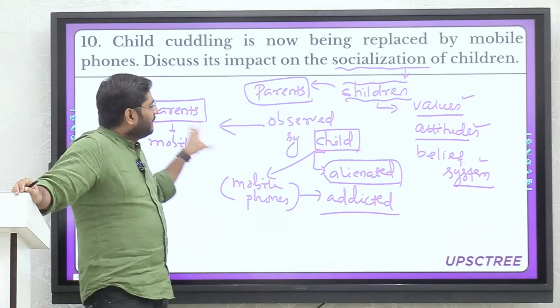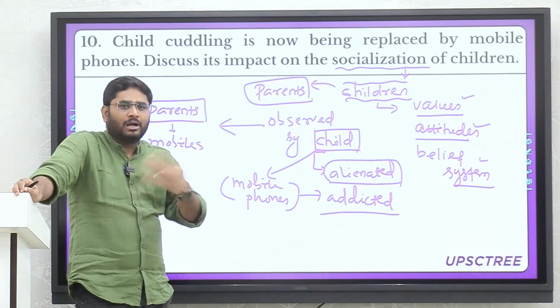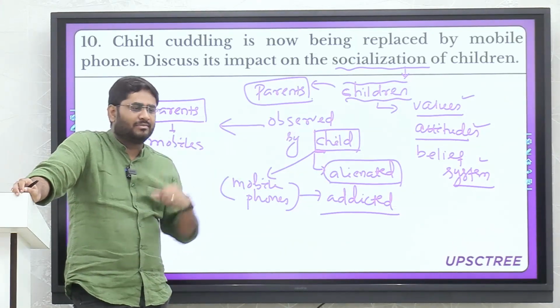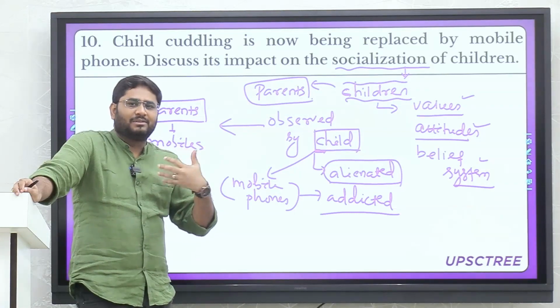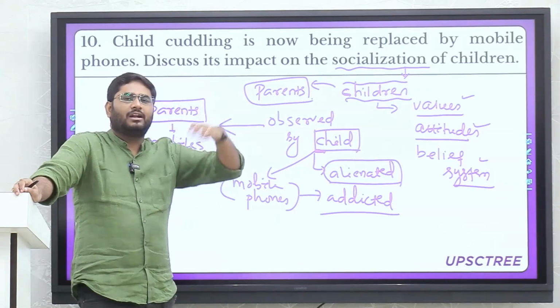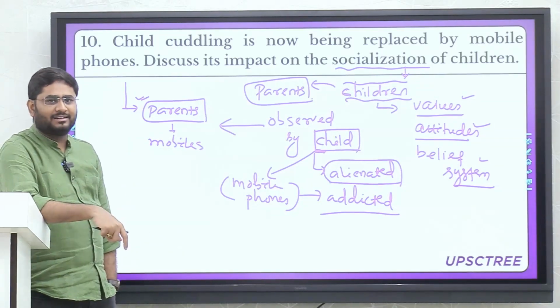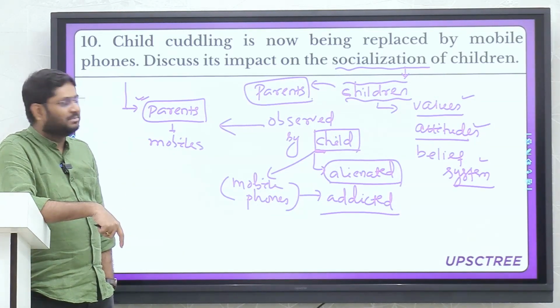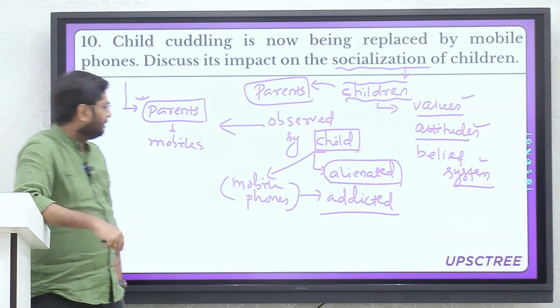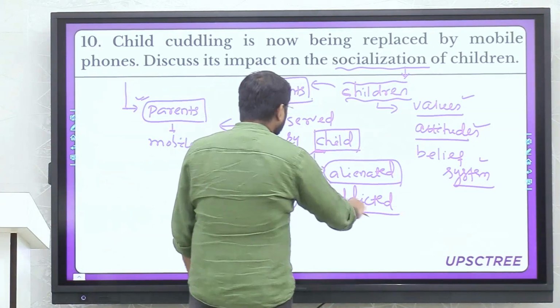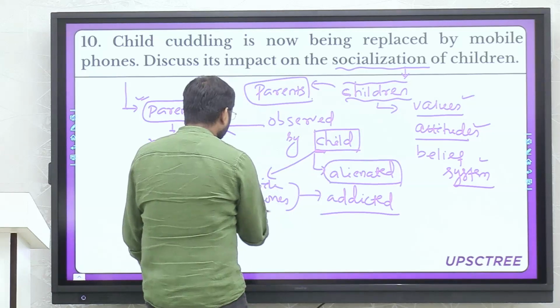Why? Because the parents want free time and they want to engage the child, so they give the child a mobile phone and the child keeps doing that all day. So all their learning is coming from YouTube shorts. And whatever they learn there, what kind of value, attitude, belief system they will develop, we all know that. So the child is alienated and gets a mobile phone.